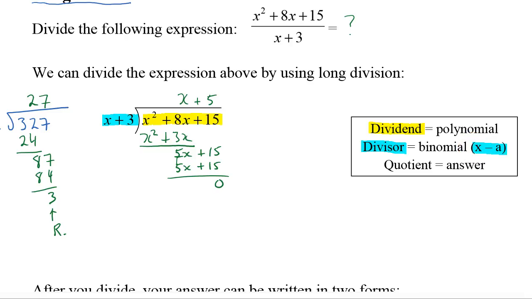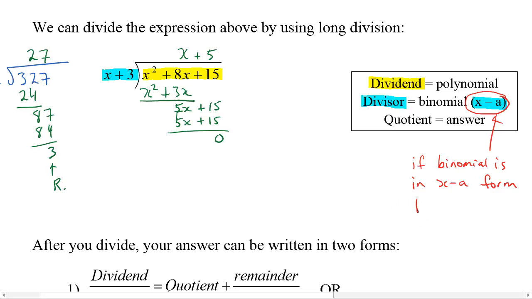So in our example, if the binomial is in x minus a form, then in this question a was equal to minus 3. Does that make sense? So the opposite of whatever that 3 is, is our a, and that's a little bit of foreshadowing that's going to come up in a bit.